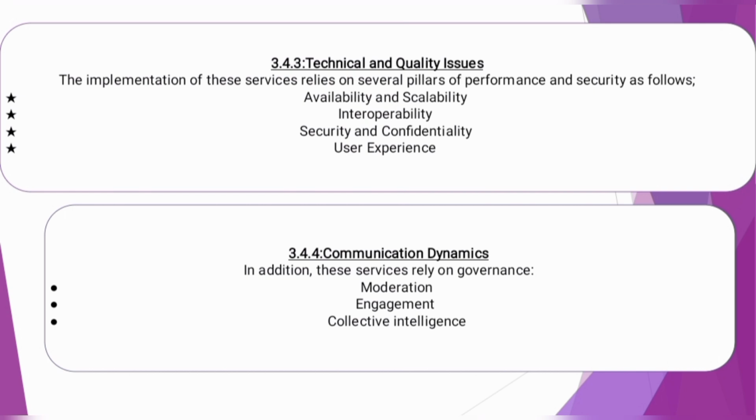The implementation of these services relies on several pillars: performance and security, availability and scalability, interoperability, security and confidentiality, and user experience. Under this type, we have communication dynamics. In addition, these services rely on governance, moderation, engagement, collective intelligence.